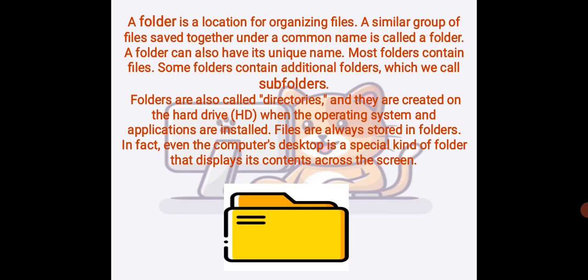Again, I am repeating the same statement for your better understanding. A similar group of files saved together under a common name is called a folder. A folder can also have its unique name.